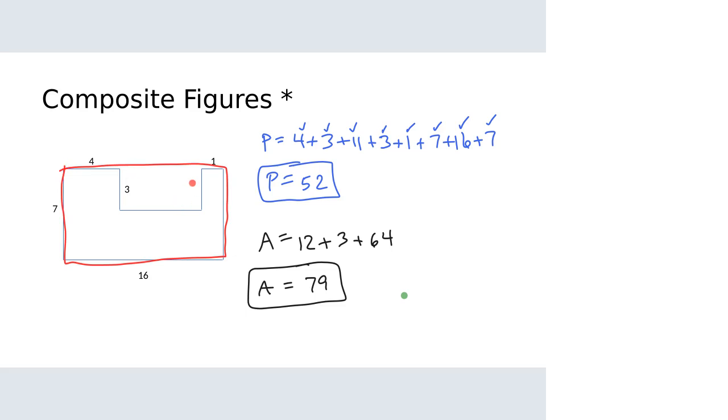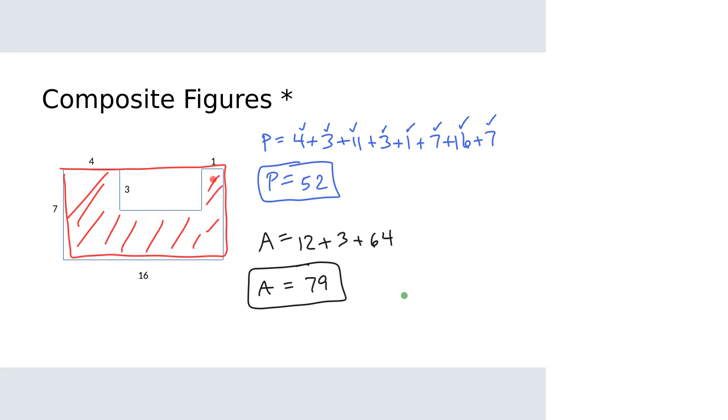I'm going to find this rectangle and subtract it. It's an advanced approach, but it's pretty clever and I like it very much. So there's this whole rectangle that would be all of this, and then if I subtract what's in there, I get what's left. And that's exactly what Hugh did.